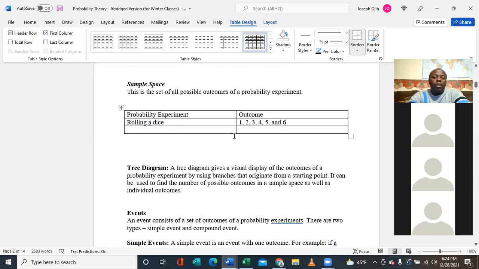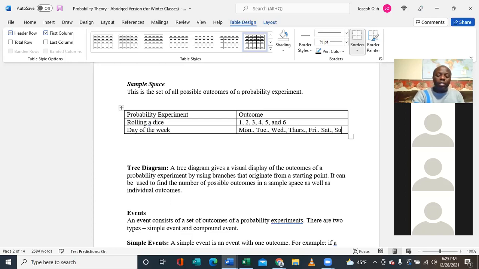How about this? Picking a day of the week. The outcomes include Monday, Tuesday, Wednesday, Thursday, Friday, Saturday, and Sunday.